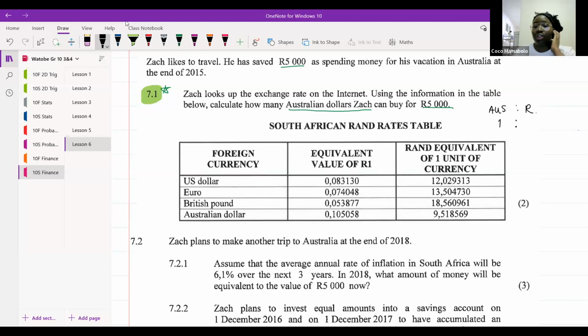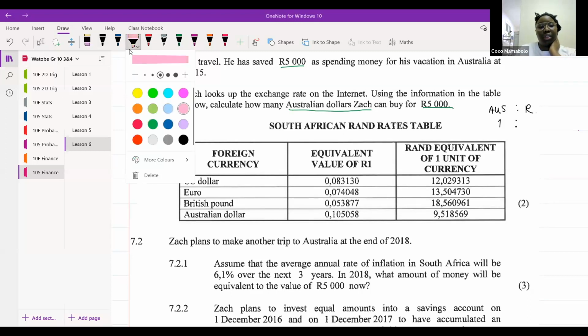How much does 1 Australian dollar cost us, according to the table? Anybody? Somebody? Look at the question, peeps.